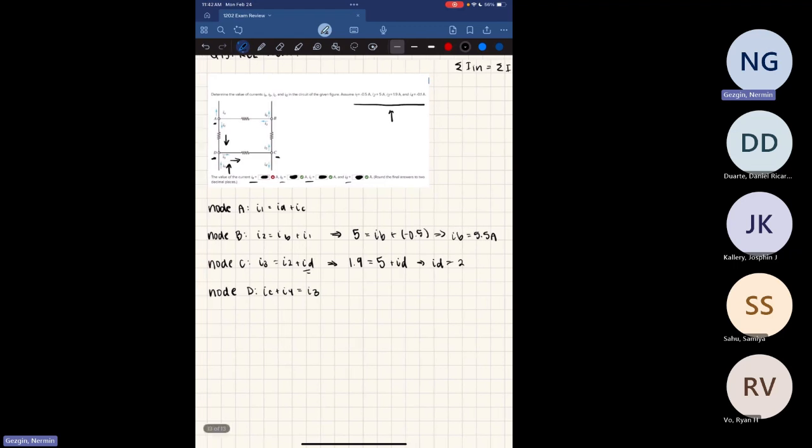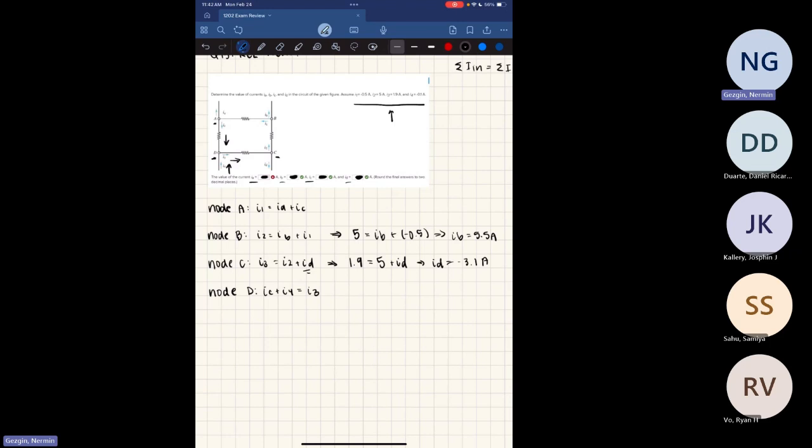Wait, hold on. 1.9 minus 5, yes, that should be negative 3.1. Sorry, I was looking at the wrong thing. Node C, ID is coming out. Yeah, I think I miswrote this on mine. ID should be equal to negative 3.1 amps.